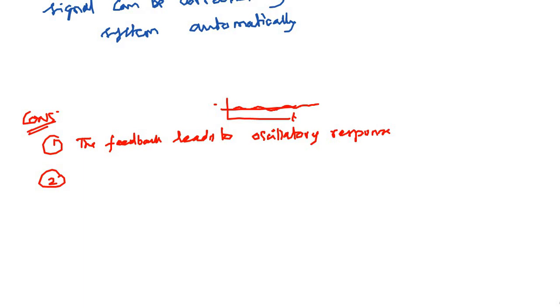The closed loop systems are generally complex. So sophisticated connections, sophisticated components, many components are needed. So it will be costly. The closed loop systems are generally complex, hence they are costly.